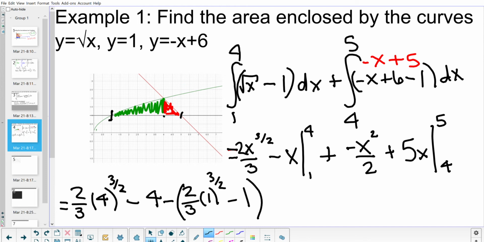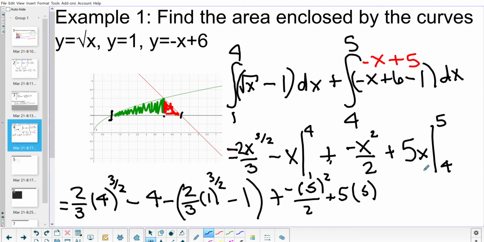Okay, so then I have to add to that. So this plus sign that I'm about to write is this plus sign up here. Plus negative 5 squared, and the negative is not being squared, remember, so it's like negative 1 times x squared. So negative, and then the 5 squared over 2 plus 5 times 5.